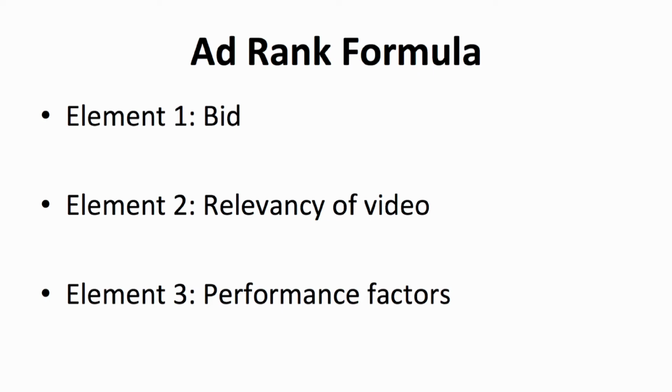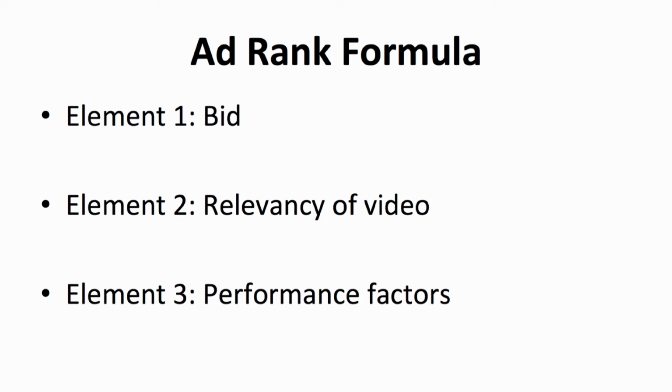If you manage to master the skill to balance up all these 3 elements, you are going to get yourself up to the top of the rank. First element is the bid of your maximum cost per view. You are at the same time competing with millions of advertisers all around the world. So make sure you do the calculation of your own finances.